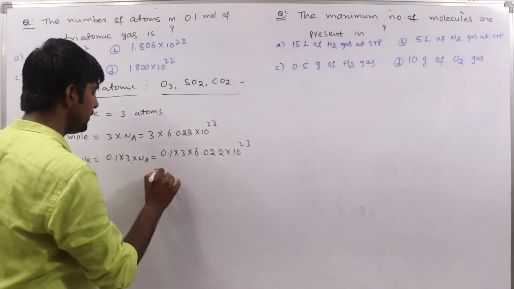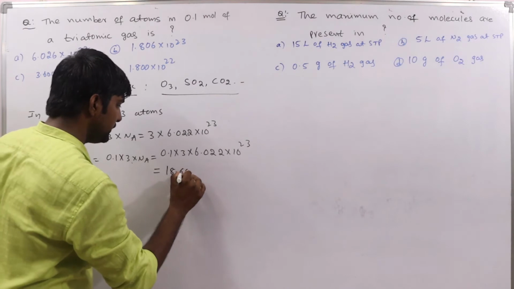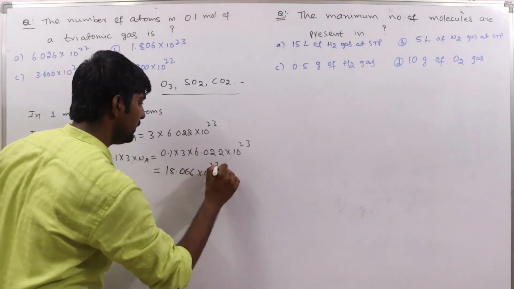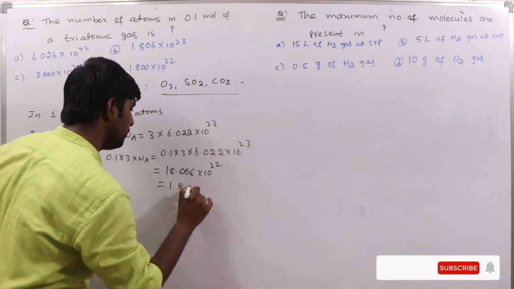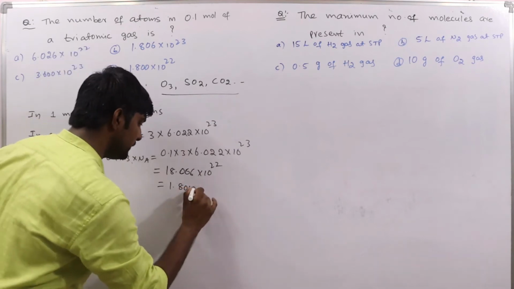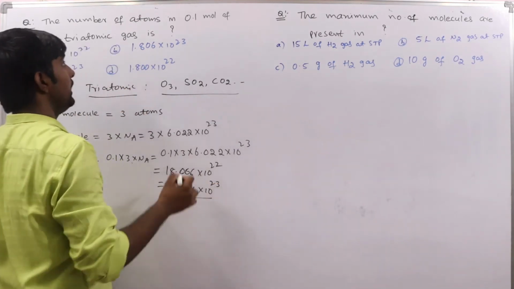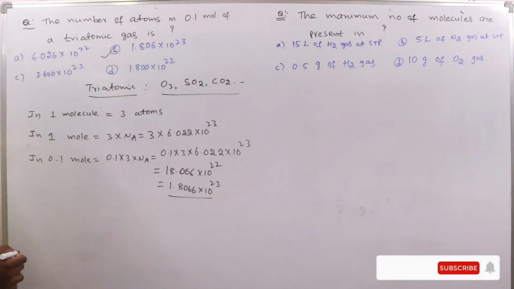If you simplify this one, we get 18.066 into 10 power 22, that is nothing but in scientific notation we can write 1.8066 into 10 power 23. So this is the option 1.806 into 10 power 23.